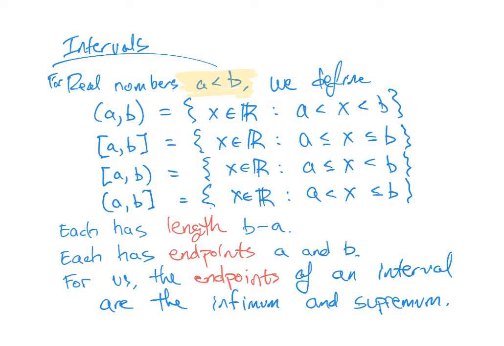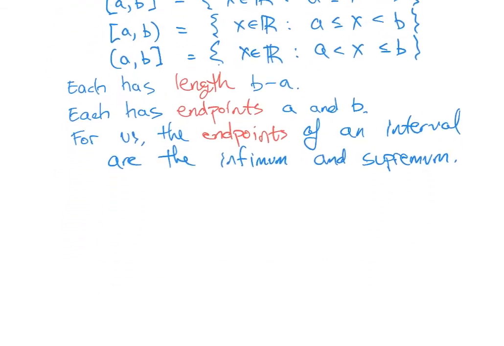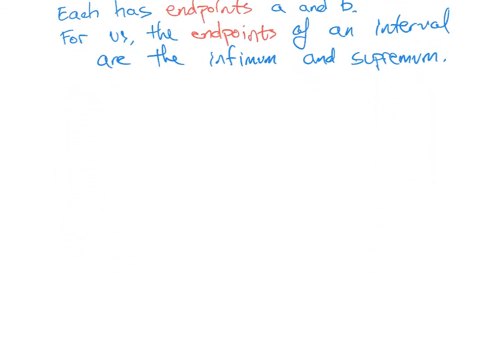This is with a less than b. What happens if we take these and we make a equal to b? What do we get? Well, not much, but it is important. So we also allow a equals b.